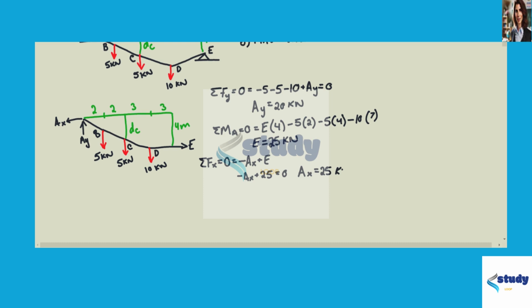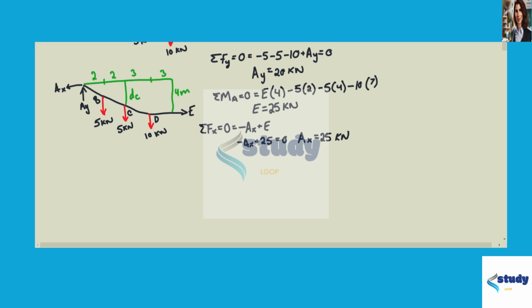Okay. So we can go ahead and take the moment around C. We're going to split this off right here and just do a free body diagram from A to C. We're going to do a sum of moments at C, so that equal to 0.